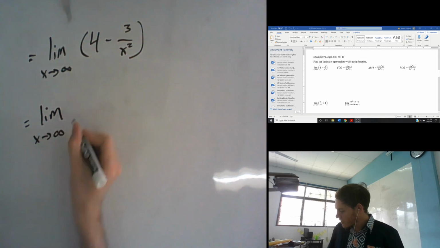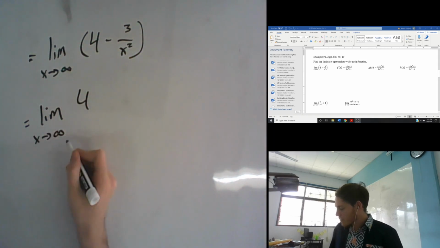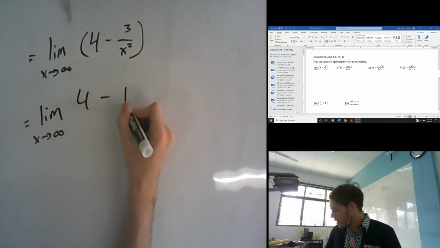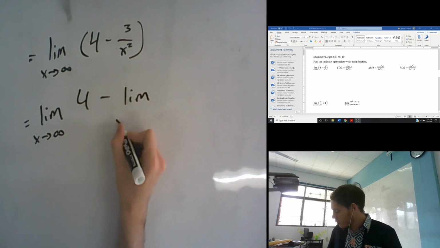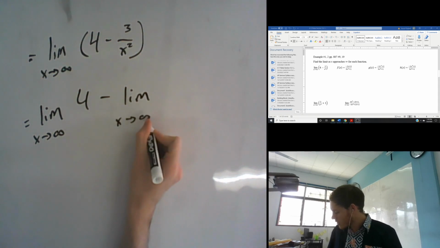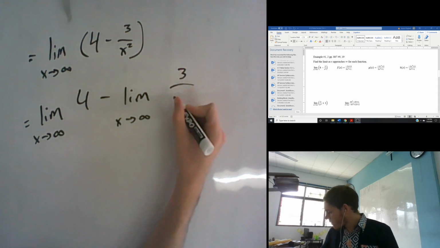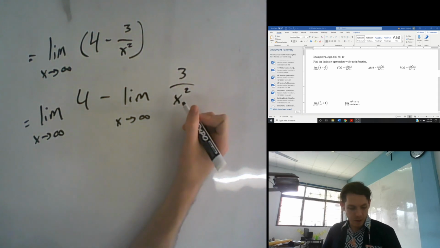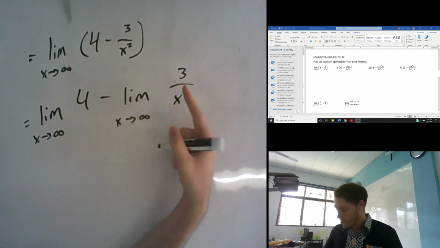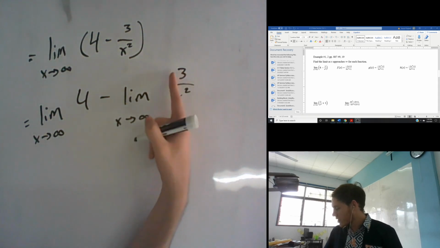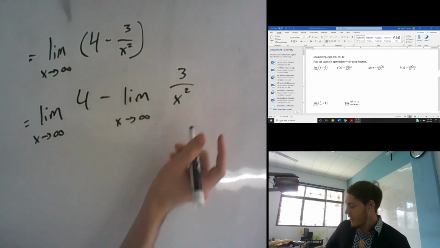The reason why I want to do this is because the limit as x approaches infinity of 4 is going to be pretty straightforward. And then we subtract the limit as x approaches infinity of 3 over x squared. Now, this 3 could go in front because it's multiplication, it's just a number.